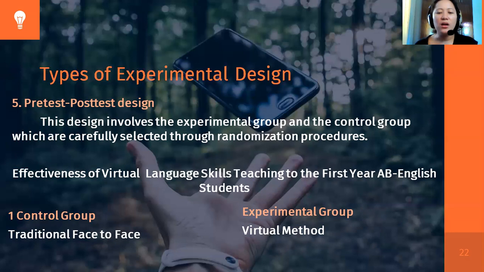So with that, after 5 months, for example, you will gather them and then you will give the post-test and you will try to see the difference, who is having a higher language skills, no? Who is having a higher proficiency in terms of language skills. Is it the experimental group or the control group? So that is pre-test and post-test experimental design.